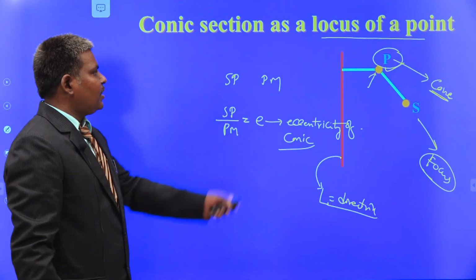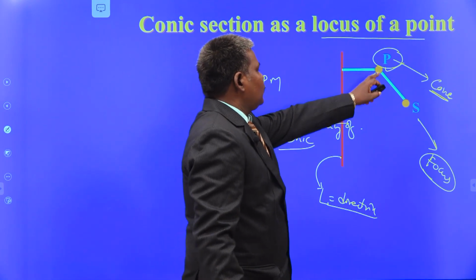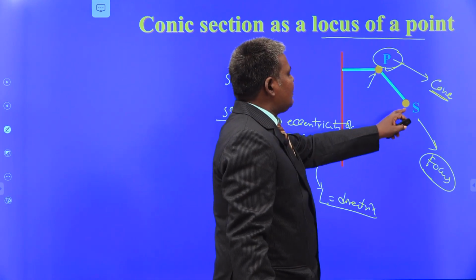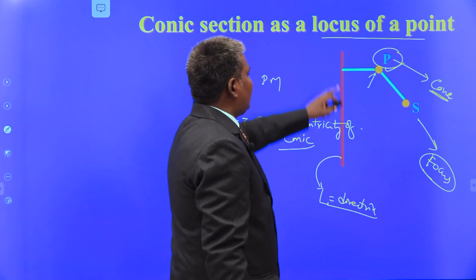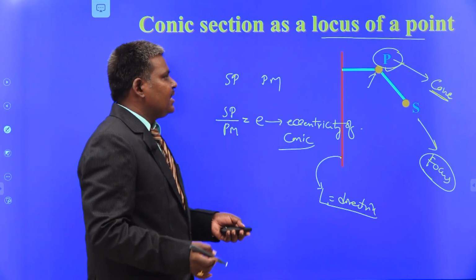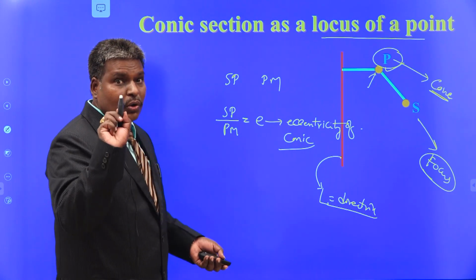Now, how do we define the conic section? Let P be a point which moves in the plane so that its distance from a fixed point bears a constant ratio to its distance from a fixed line. Its locus is called a conic or conic section, not cone.